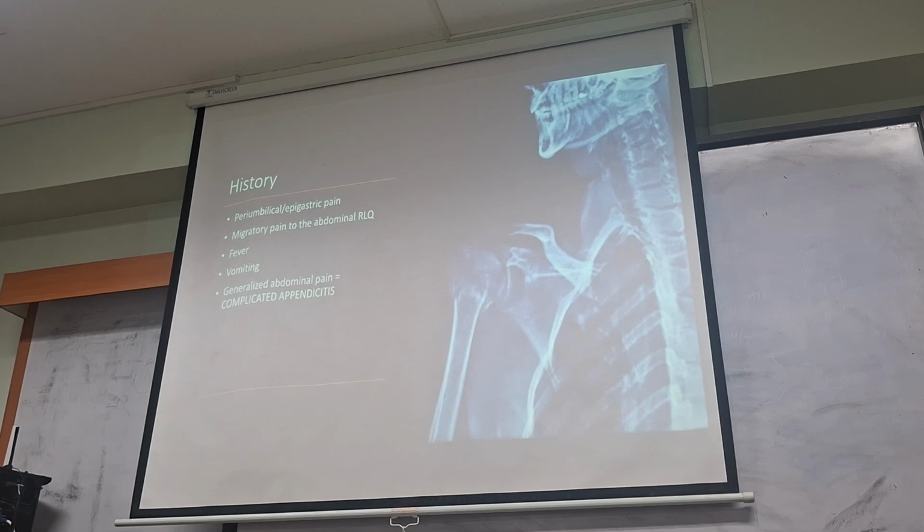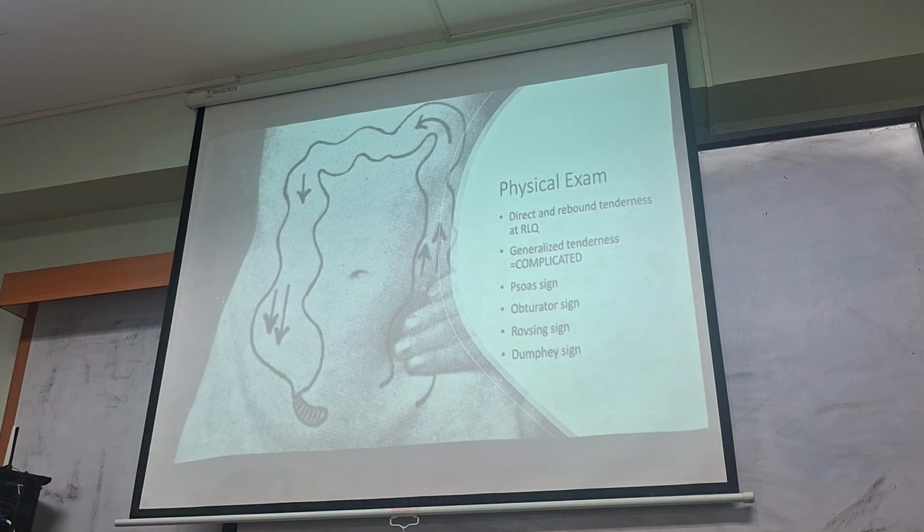But there are some patients wherein the purulent material or fecaloid material does not get contained. So that is going to be associated with a higher chance of morbidity and mortality, because those patients with generalized peritonitis are going to have sepsis and then septic shock maybe later on if left untreated.